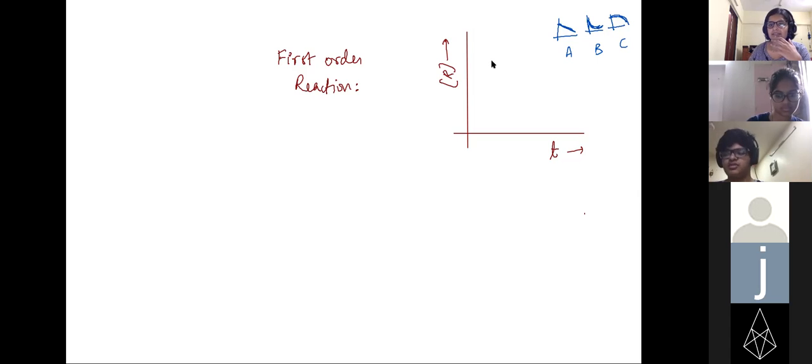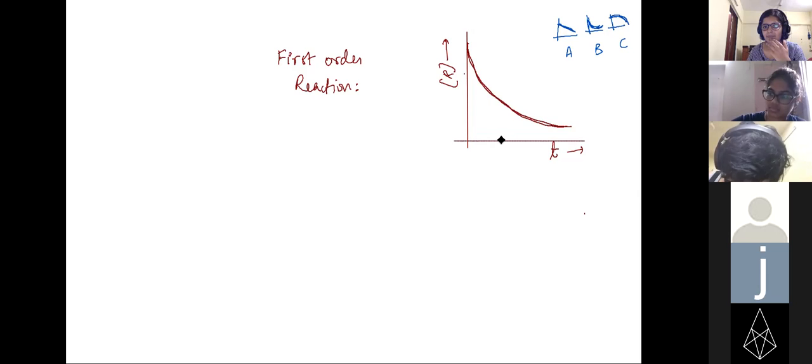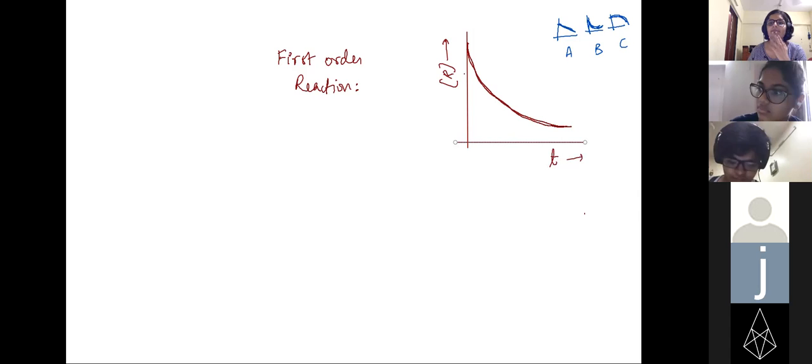Yes, it's gonna look like B. So the decrease is going to be fast when there is a higher concentration of the reactants, and slowly the decrease is going to get slower and slower. That's what it's gonna look like.